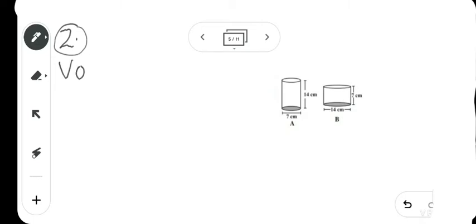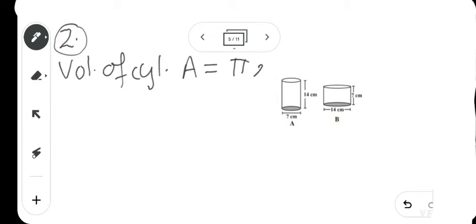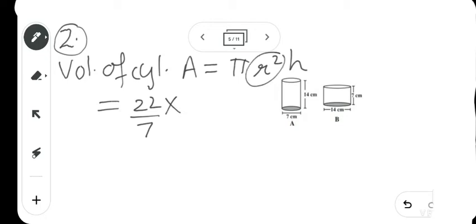First we'll find the volume of cylinder A. The volume of a cylinder formula you have just learned is pi r square h. Here the pi value we can use 22/7. R means radius. Now you see here we are given diameter is 7 cm.